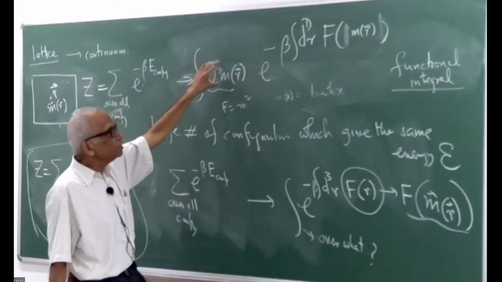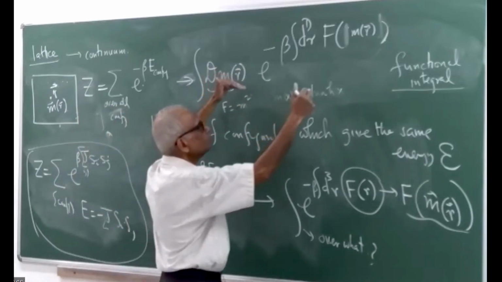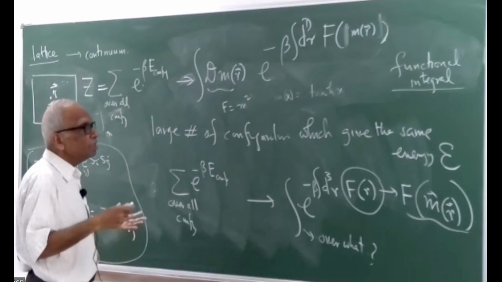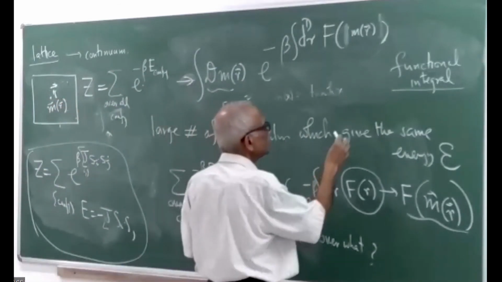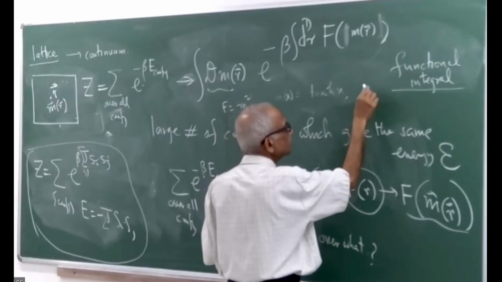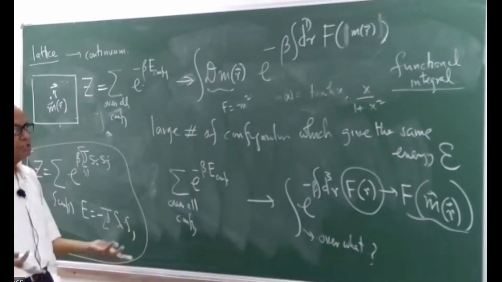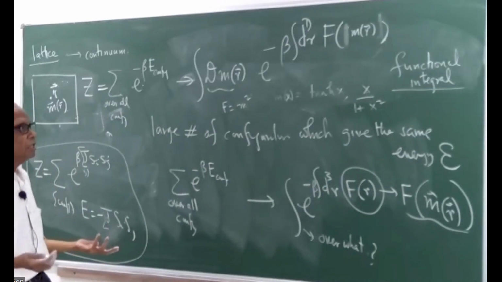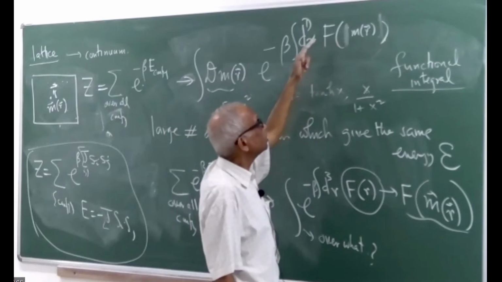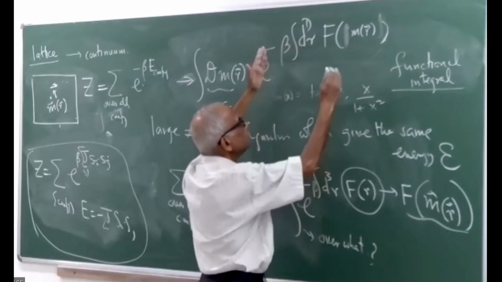So when the function is tanh x, the number is calculated in this fashion. But m can be anything. The next function can be x over 1 plus x squared. Once again, you can calculate this quantity as a function of x, do the integral, and you have a number.